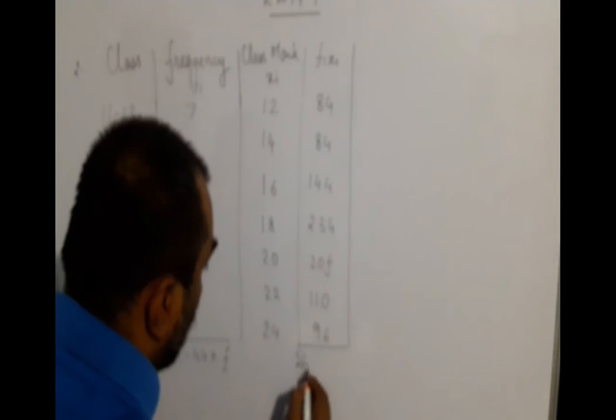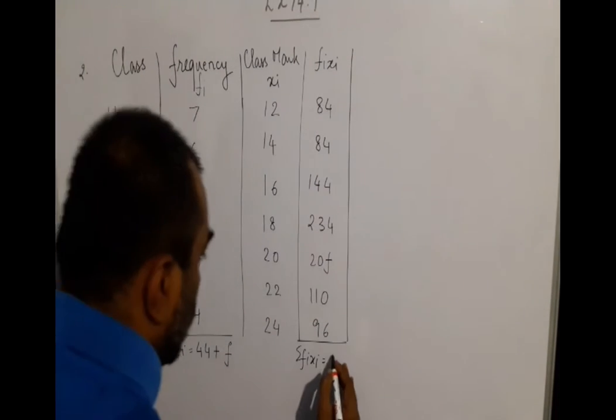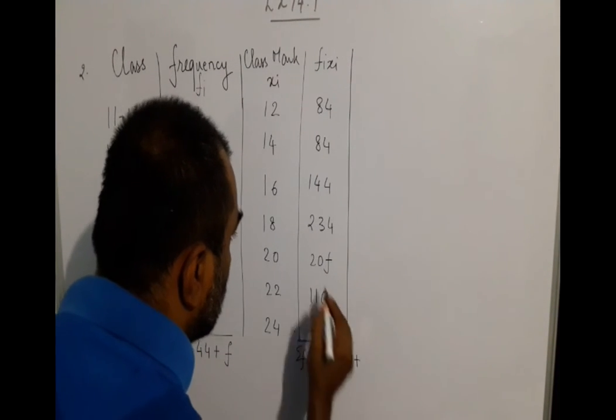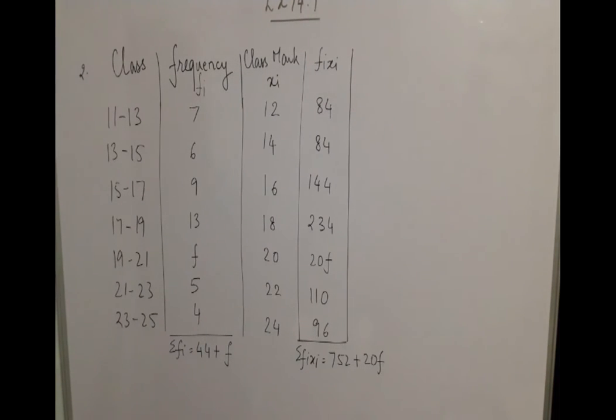So sigma fixi equal to 752 plus 20f. Now we have kept the f and the 20f as it is because we do not know the value. Okay. Here we have used the direct method.